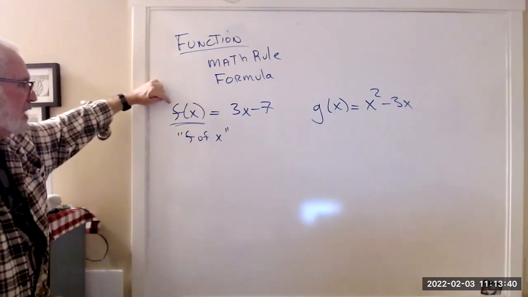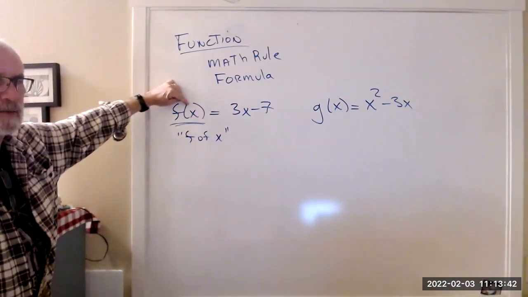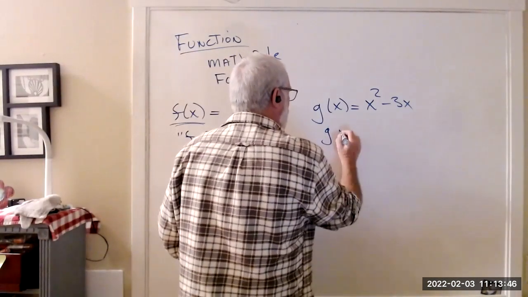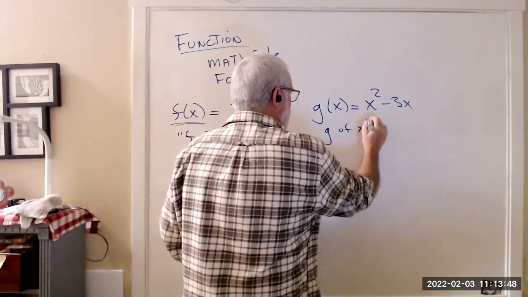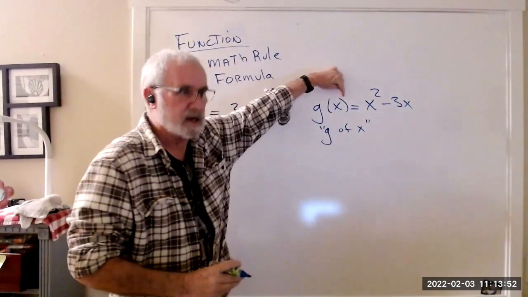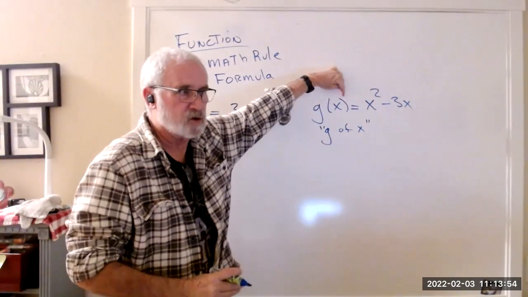You say this is F of X. That's how we know it's a function. This would be written as G of X. That's how you say that in English, G of X. It's a function.